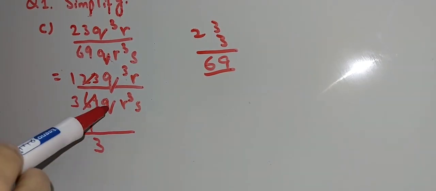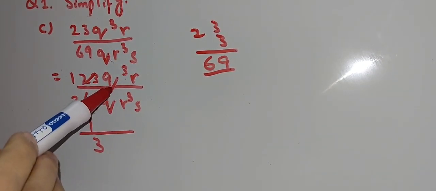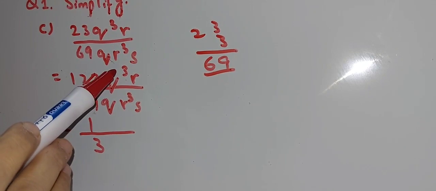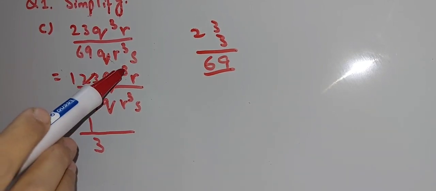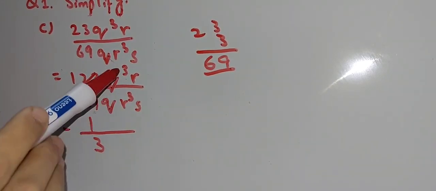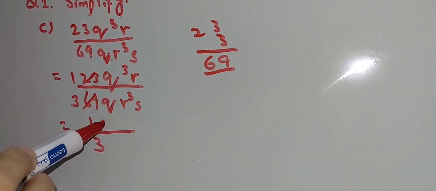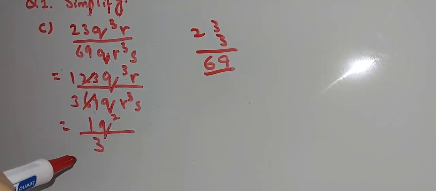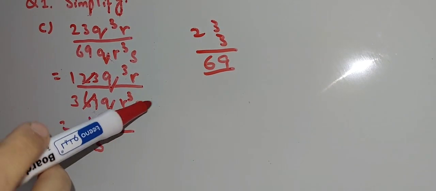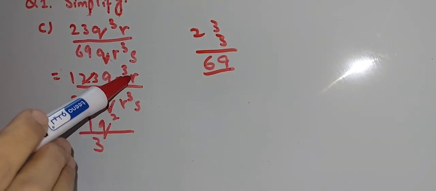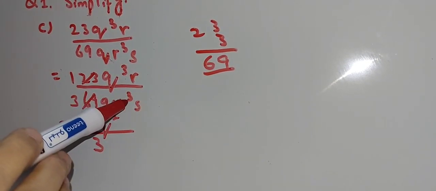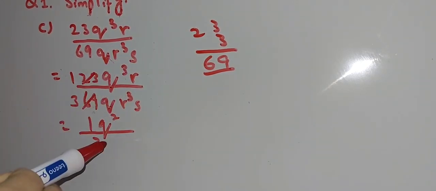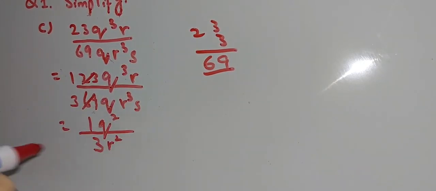Now we have to check q and q cube. In the numerator we have q cube, here we have q only. 3 minus 1 will become q square. Then we have r cube and r. Now the denominator has the greater power, so 3 minus 1 will become r square.